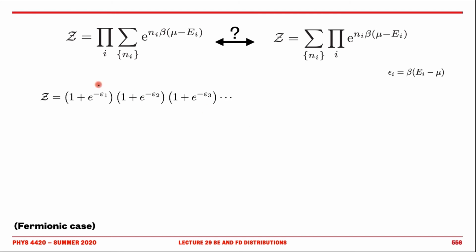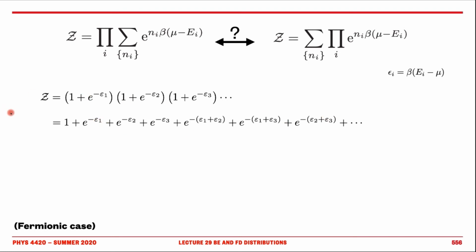And again, we get the product coming from each of those possible combinations, which are just 0 or 1. We can develop this product, and we obtain something very nice again. We only have exponentials where the prefactor in front of epsilon is either 0 or 1, right? 0 occupation or 1 occupation.